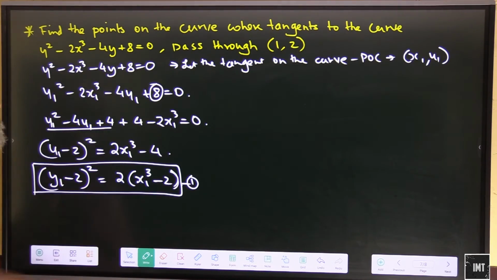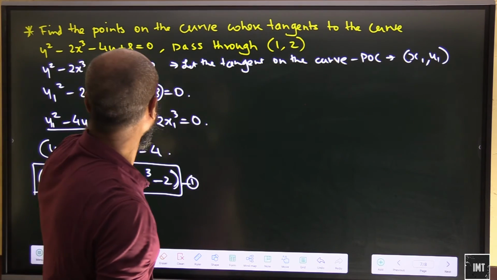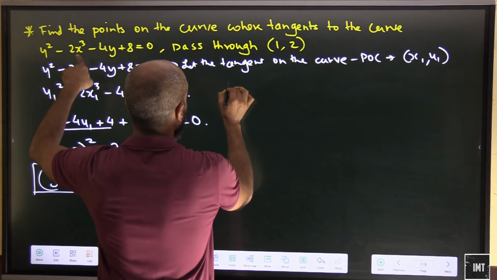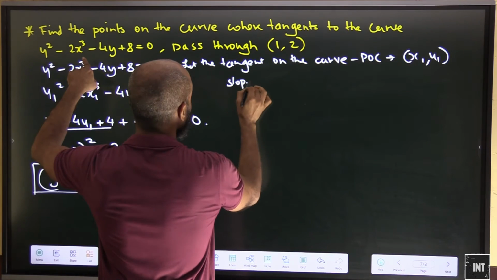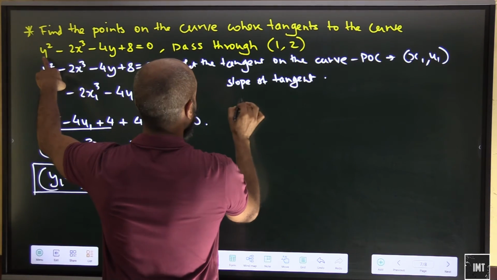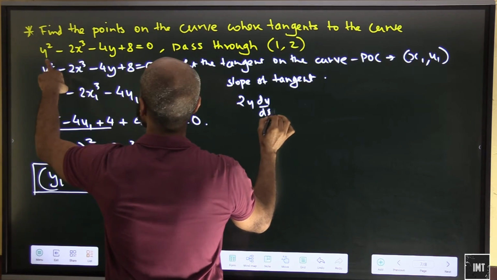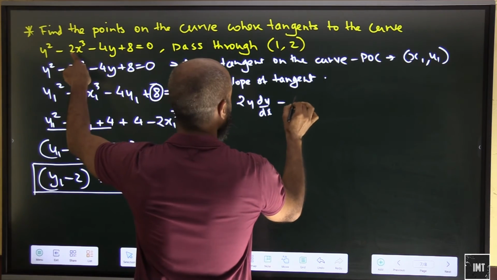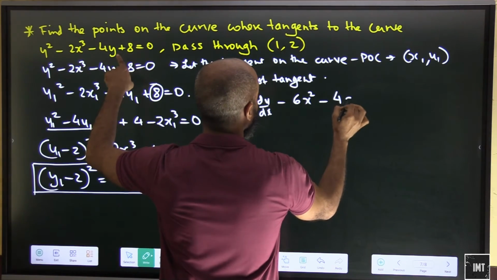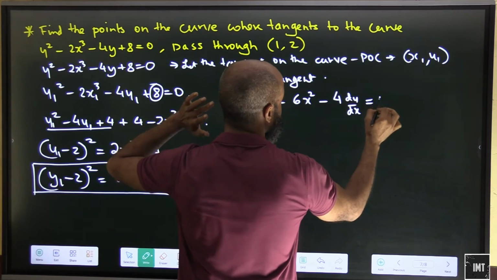Okay, now let's move on to the fact that this passes through the point 1 2. Now what will be the equation? So obviously, what will be the slope of this tangent? If we differentiate, this will be 2y dy by dx minus 6x square minus 4 dy by dx plus 0 is equal to 0.